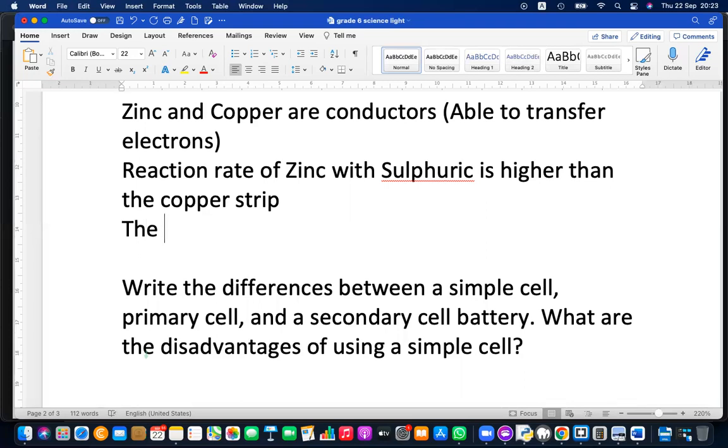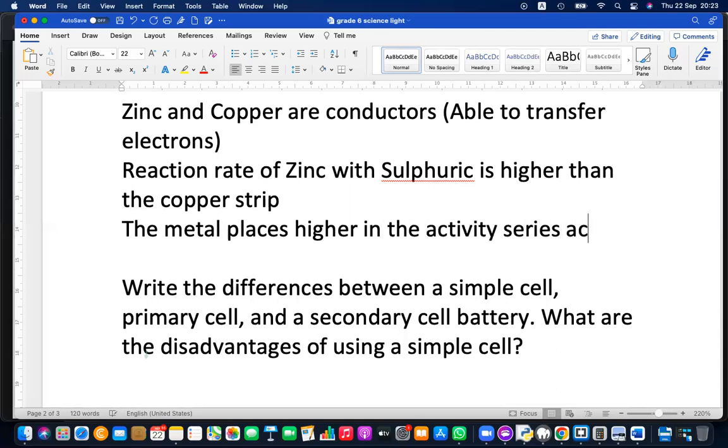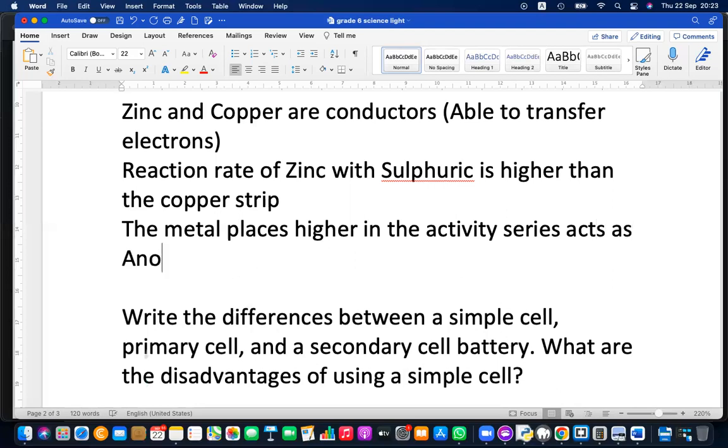The metal placed higher in the activity series acts as anode.